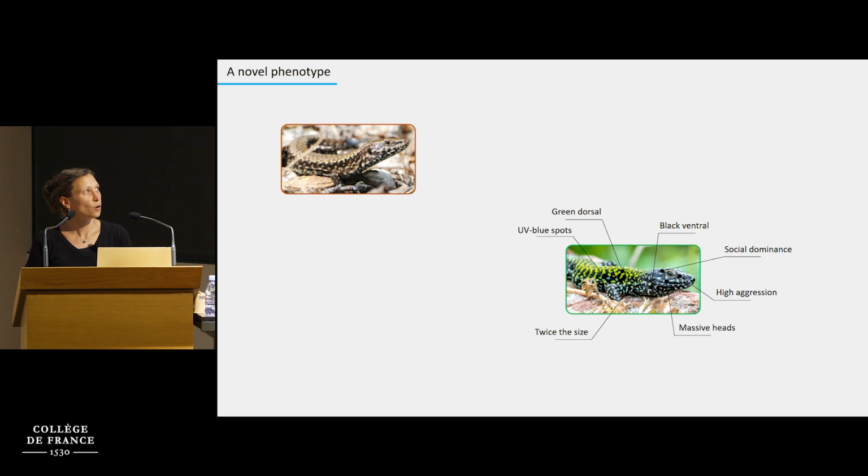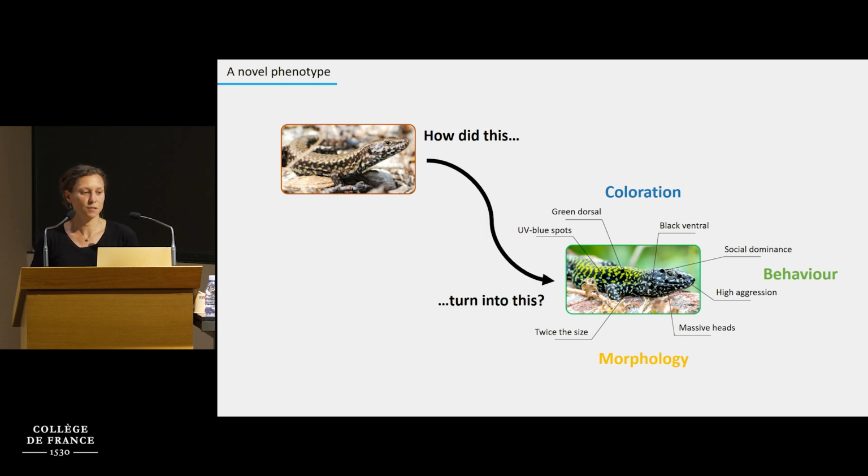And when they co-occur, they also show behavioral differences. The green ones are socially dominant over the brown ones, and they show much higher levels of aggression. So we have systematic differences in coloration, morphology, but also behavior. And the obvious question that we are trying to answer here is, how did this ancestral type turn into this derived green type?